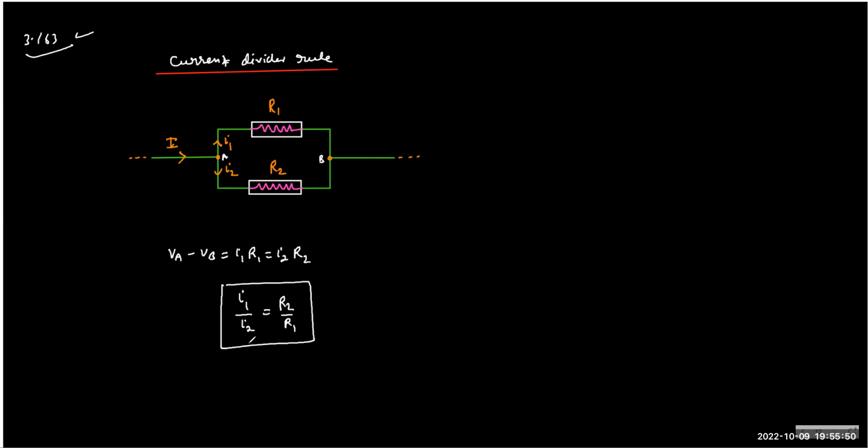That is logical. Current will prefer the branch which offers lesser resistance. If we have two branches, one with high and one with low resistance, a large chunk of current will go through the low resistance and a small part through the high resistance.